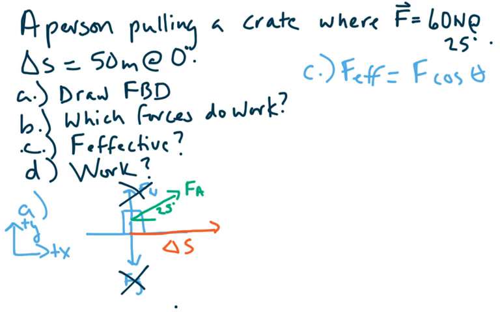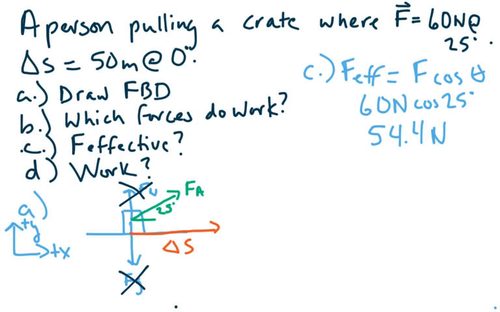So in this case, we've got 60 newtons times the cos of 25 degrees. That ends up giving us 54.4 newtons worth of effective force.